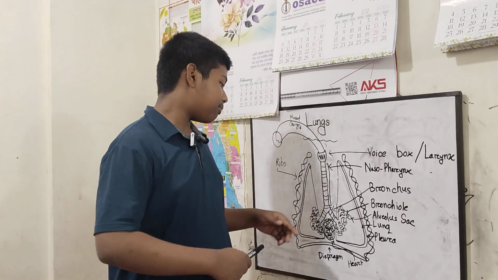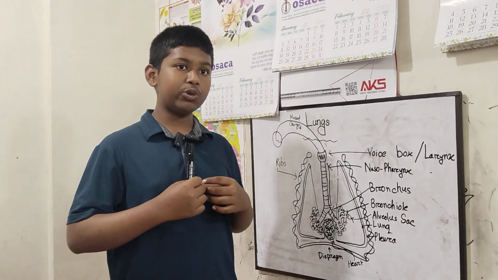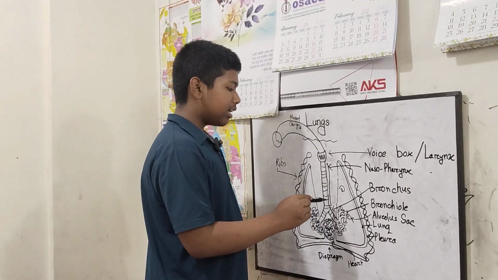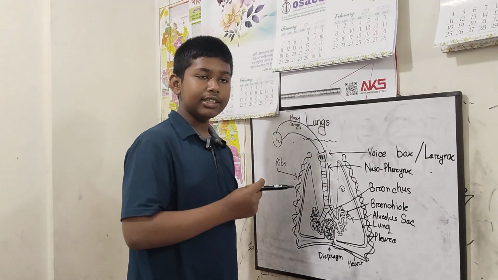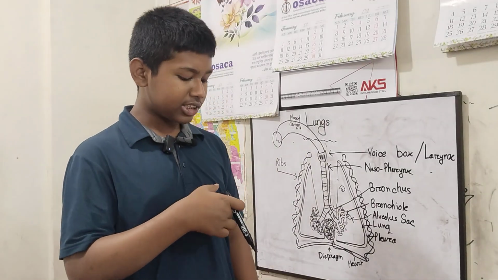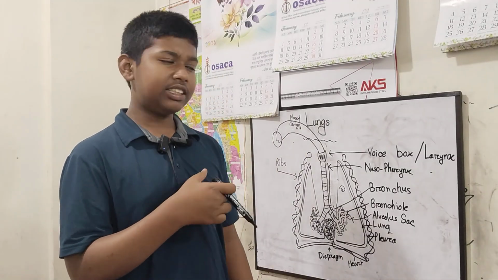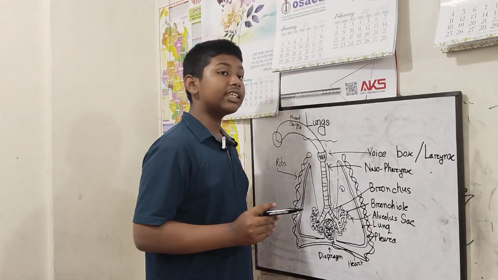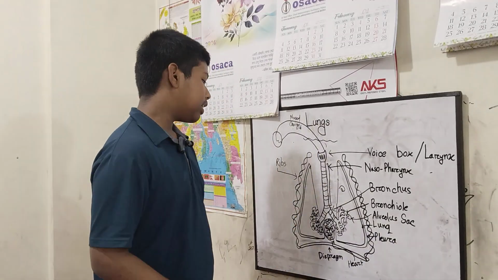As a result, the heart is in between. If the right side is a little bigger, then the heart gets pushed to the left side. It's still a little bit left, not in the middle, because the lung on the right side is a little bigger. We should remember that.